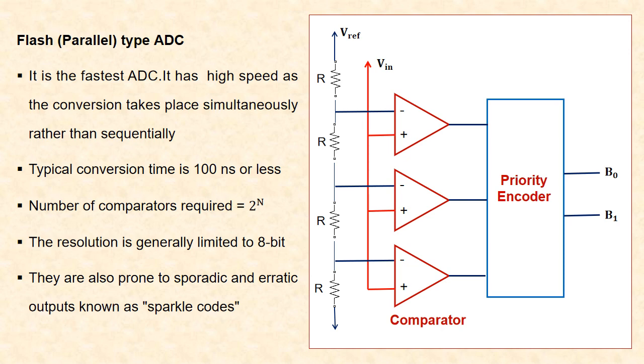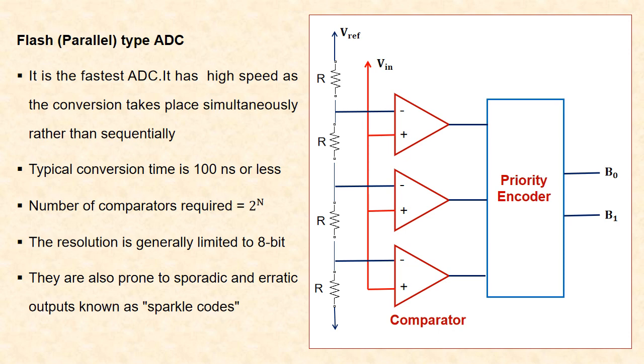Number of comparators required in a flash type ADC is 2 to the power n. Here n denotes the number of bits. The resolution of this converter is generally limited to 8-bit. Flash ADCs are prone to sporadic and erratic outputs known as sparkle codes, which are due to metastability in the comparators and thermometer code bubbles.